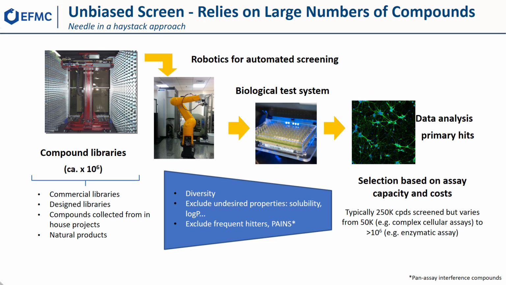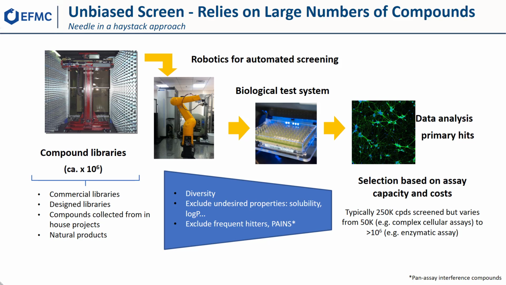So let's go into the first approach, unbiased screen. This is probably to date still the most widely used approach for hit generation. And here we rely on screening a large number of compounds. The idea being the more compounds you screen, the higher the chance you have to find hits on your target of interest. So in order to do this, you have to have access to a compound library.